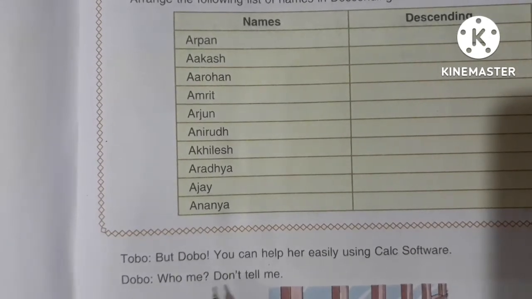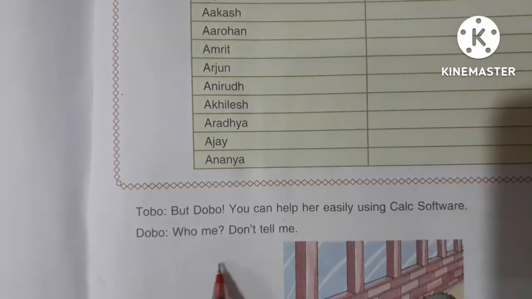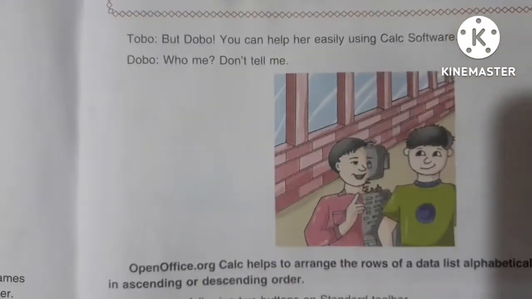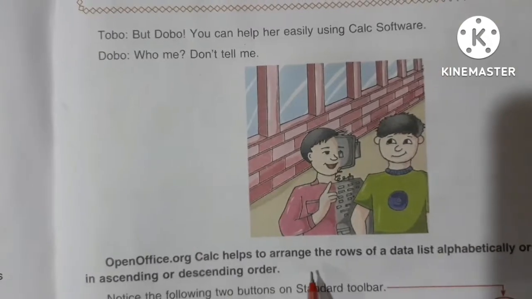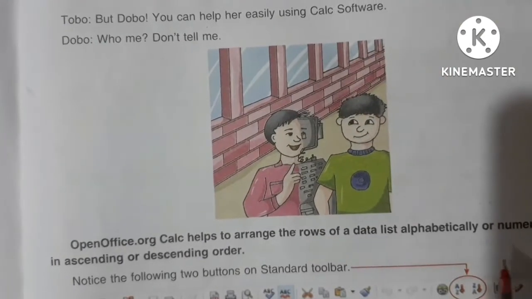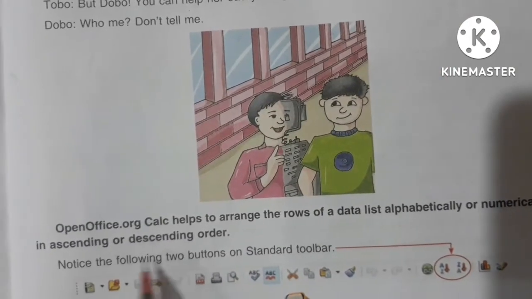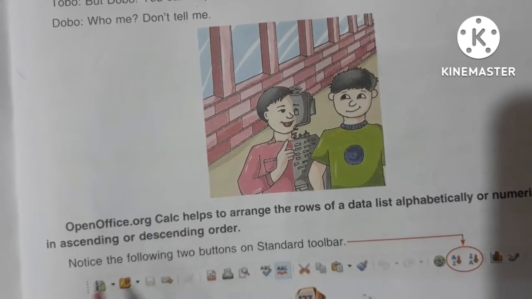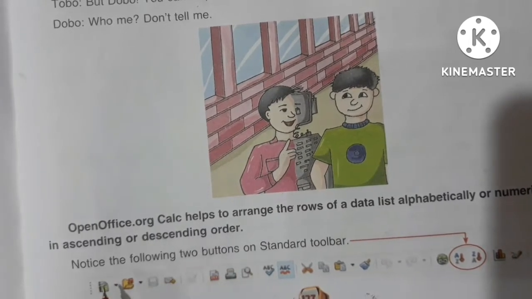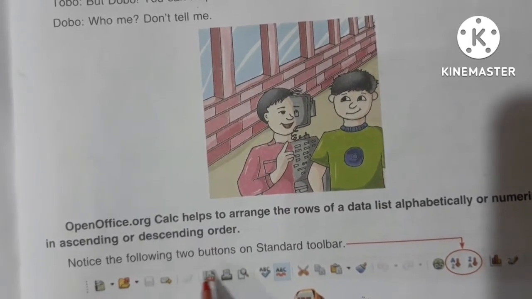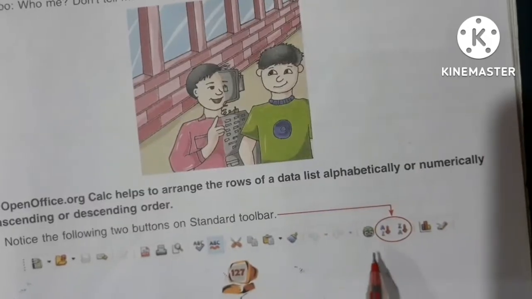But Dobo, you can help her easily using CALC software. Oh, don't tell me. OpenOffice CALC helps to arrange the rows of a data list alphabetically or numerically in ascending or descending order. Using this CALC, notice the following two buttons in the standard bar.